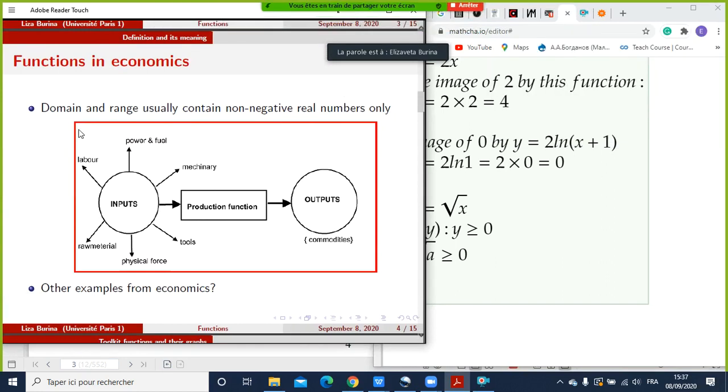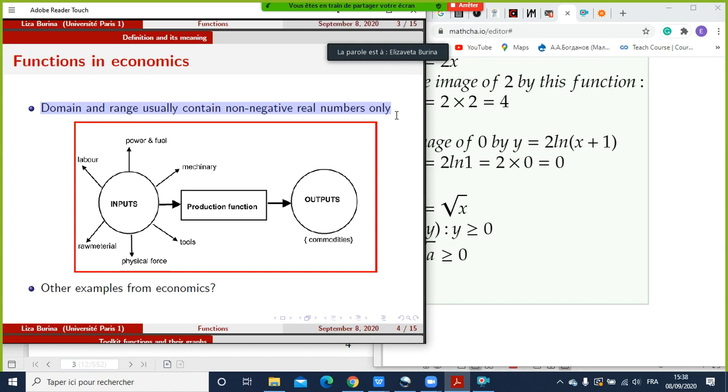What are the examples of functions in economics? So here what I wrote is domain and range usually contain non-negative real numbers only. What do I mean by that? I mean that usually in economics we don't deal much with negatives.